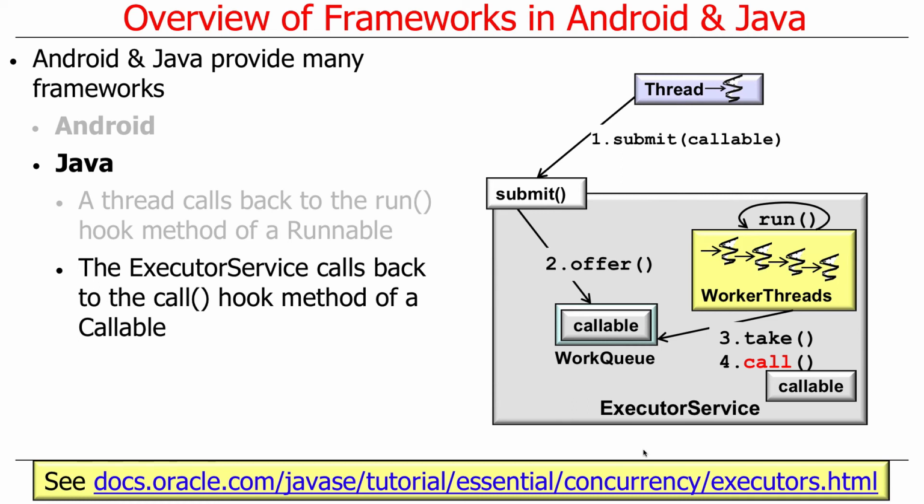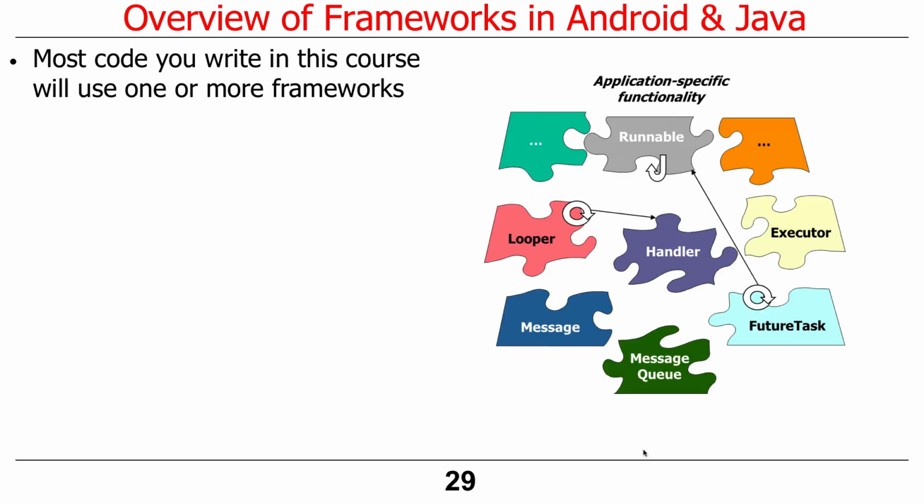And under the hood, that has a bunch of methods like the call hook method of a callable that gets dispatched in some thread in the thread pool to do their thing. So that's another example of threads. Pretty much everything you've written here used frameworks, right? So we used the completable futures, we used parallel streams, we used the fork join pool. Those are all other examples of frameworks that we've used in this class.